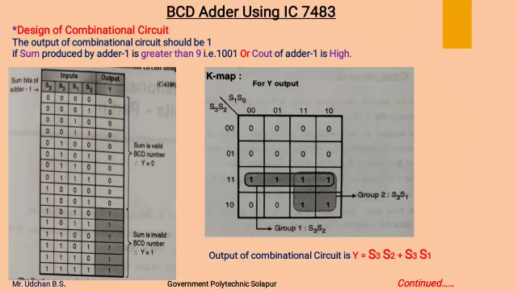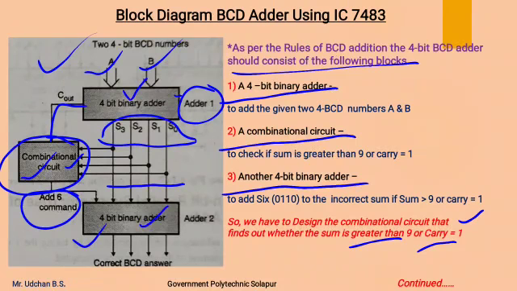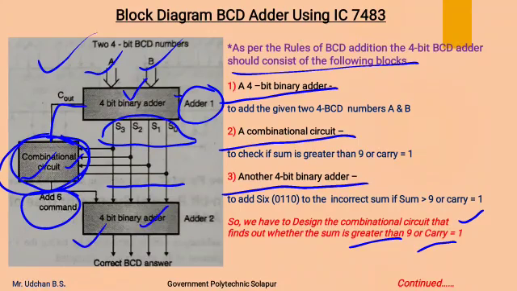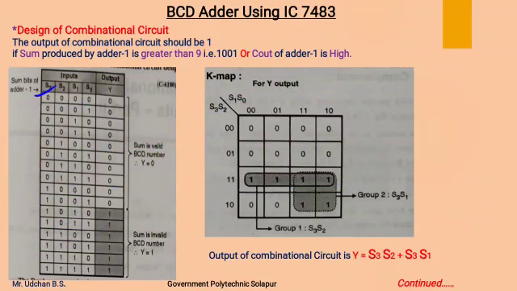Now we are to design a combinational circuit. This is our combinational circuit, which has 4 inputs, S3, S2, S1, S0. These are the 4 inputs of our combinational circuit, that is the sum bits of our adder 1, and we are going to keep the output Y as 1 or 0.